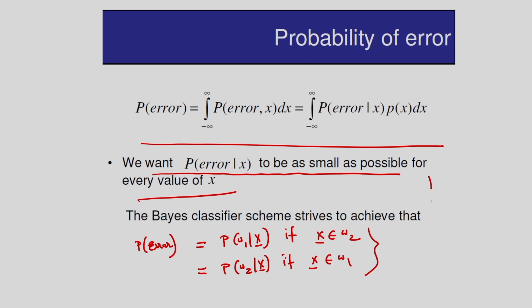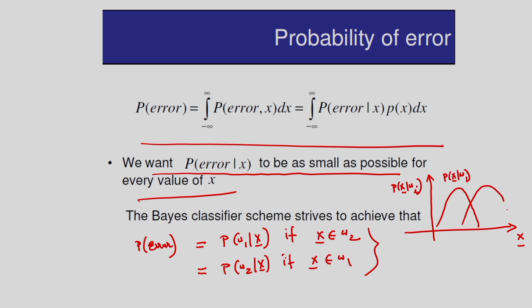I can show here. Suppose this is my x, the Fisher vector, and I am considering the probability of x given Wi. Suppose I consider two classes.